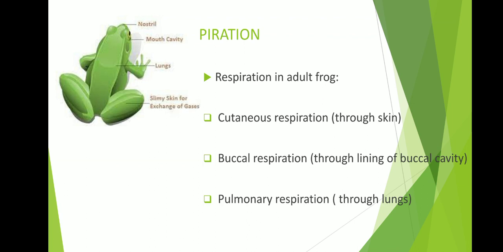So that is cutaneous respiration, or through the lining of buccopharyngeal cavity, so that is buccal respiration, or through the lungs, pulmonary respiration. In each case, there are numerous blood capillaries lying close to the moist epithelium through which the gases readily diffuse.